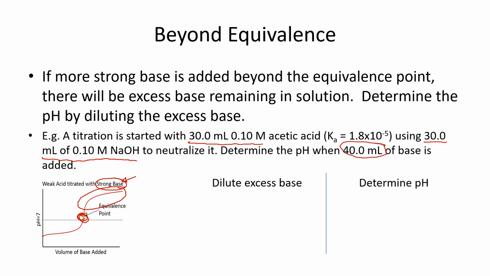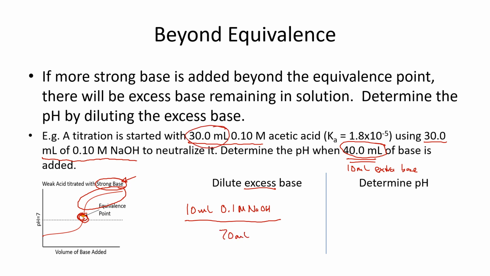So the question is, what is the pH when 40 milliliters of base is added? And of course, that's 10 milliliters of extra base that is in there now. So what you do is you just dilute that excess base. So we have 10 milliliters of our 0.1 molar sodium hydroxide, and we're going to dilute that into the total volume now, which is 70 milliliters.